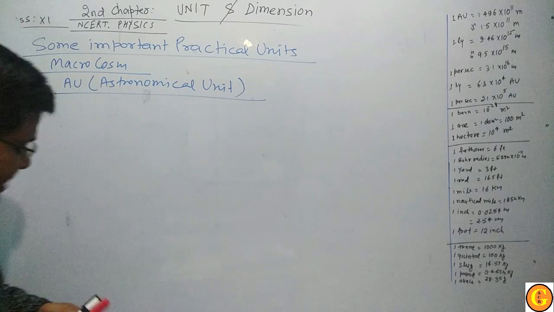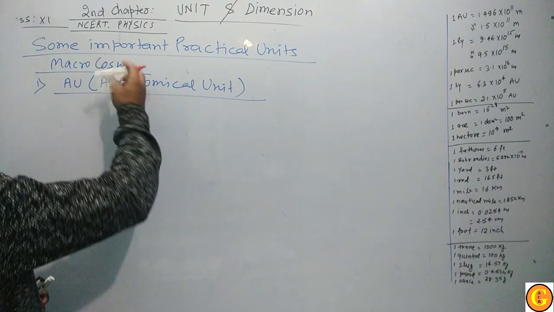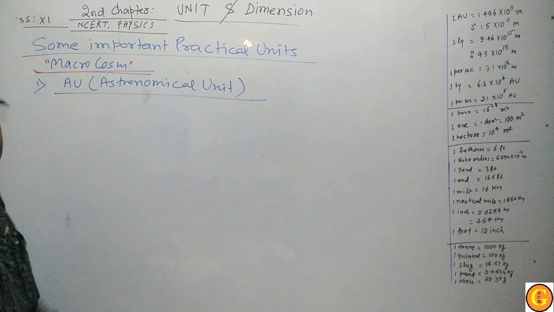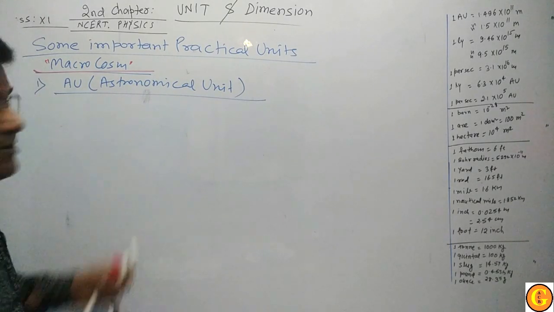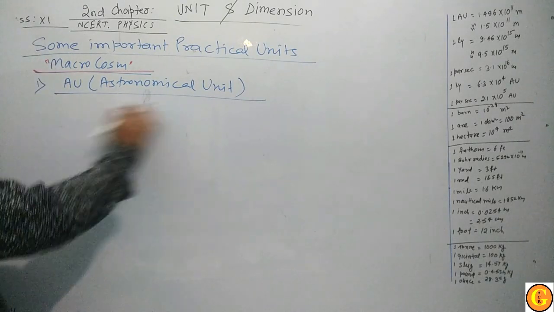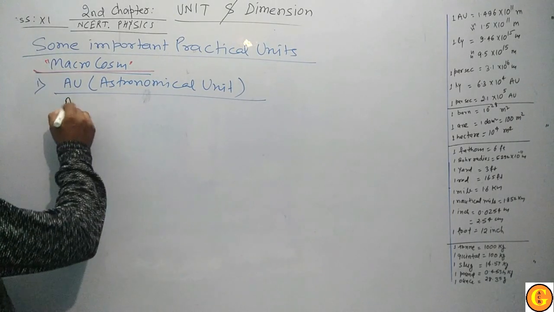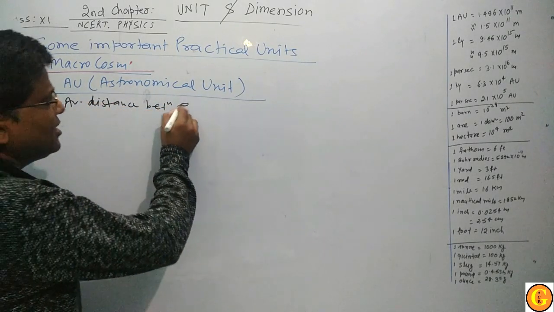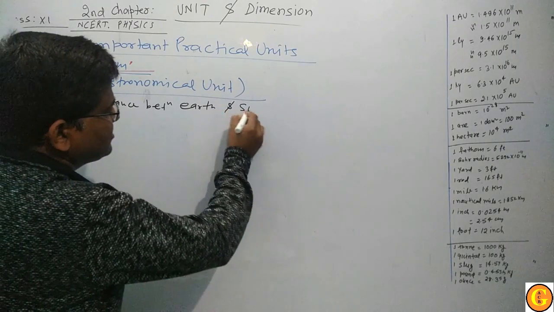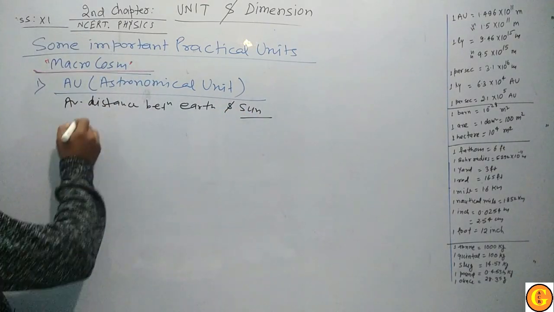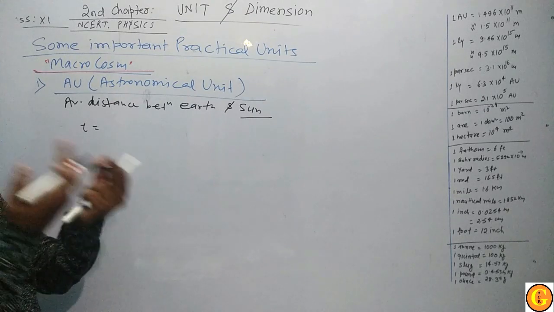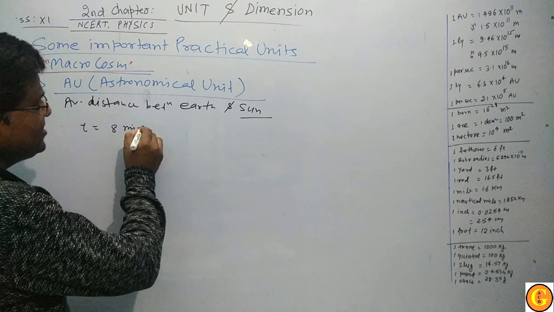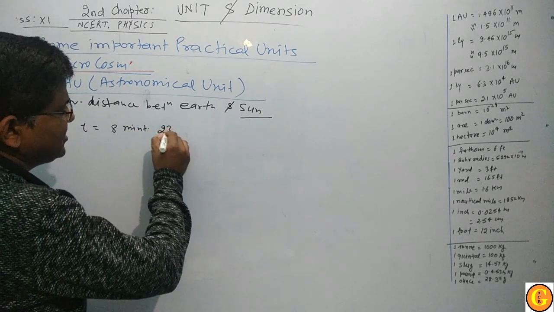Macrocosm means large distances. The astronomical unit: the average distance between the sun and the earth is called the astronomical unit. The time taken by light to reach the earth from the sun is approximately 8 minutes 23 seconds.